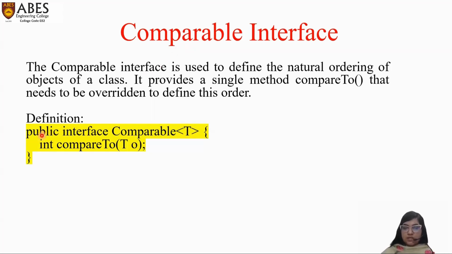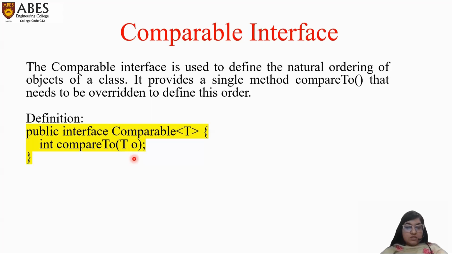Now, here is the definition of the comparable interface. In this, first we have the compareTo method. The compareTo method compares the current object with the specified object for order. It returns a negative integer if the current object is less than the specified object.